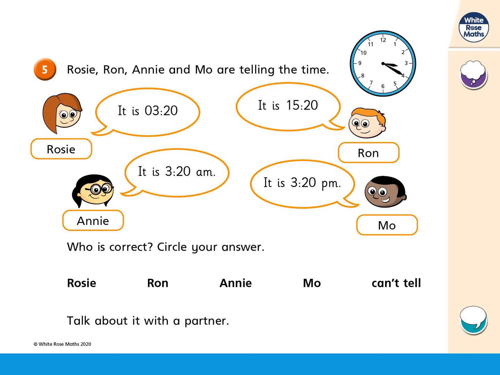Well, looking at the analog clock, which does not tell you if it is morning or afternoon, they could all be right. The hour hand is just past the 3 and the minute hand is on the 4, which is 5, 10, 15, 20. So they are all correct. Therefore, I am going to circle Can't tell.